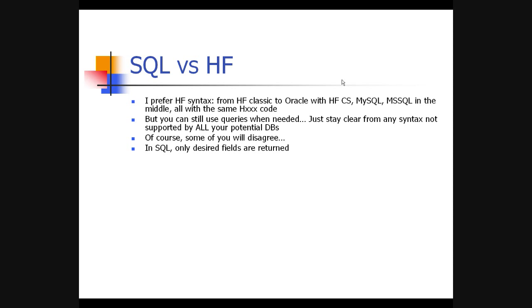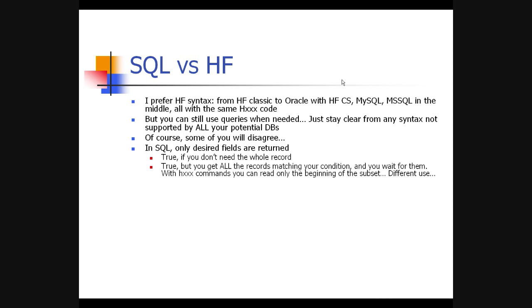So some people are going to tell you that using SQL syntax is much better than HF because only the desired fields are returned. So it's true if you don't need the whole record. Of course, if you need the whole record, everything is coming back. It's true, yes, only the fields that you are selecting in your query are returned.